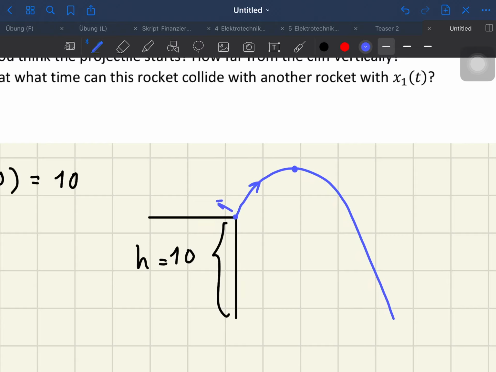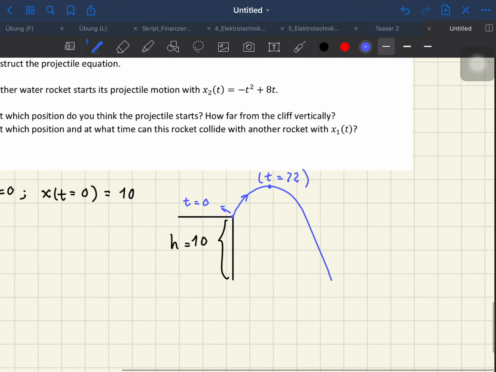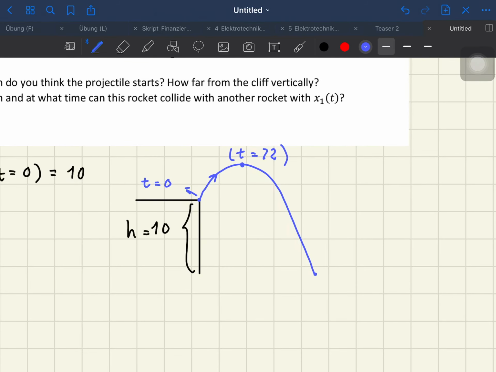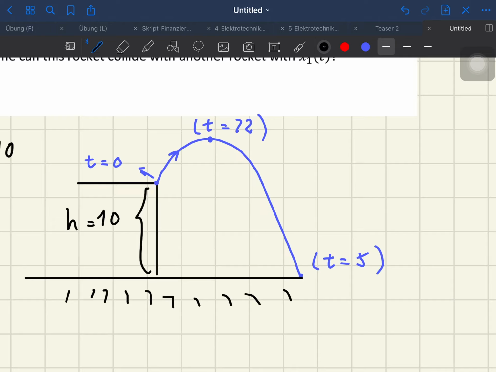Okay, this is when t equals 0, and this is when t equals something. We need to find that something, and this is when t equals 5, because here is the ground. When the rocket hits the ground, t equals 5.